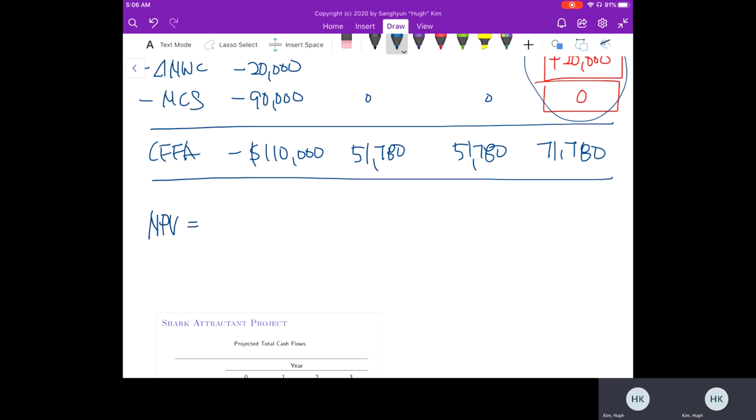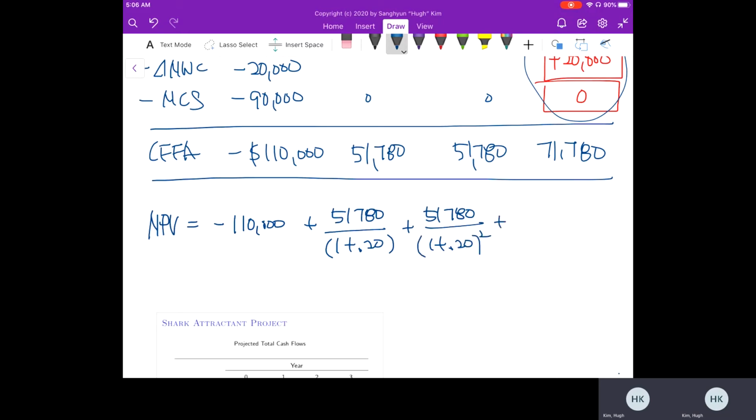So net present value at the required rate of return of 20% is negative 110,000 plus 51,780 over 1 plus 0.20, plus 51,780 over 1 plus 0.20 squared, plus 71,780 over 1 plus 0.20 cubed.